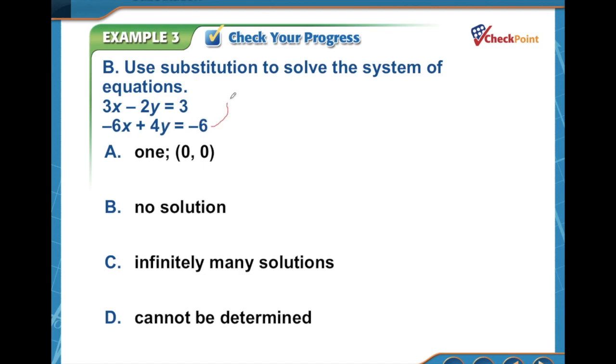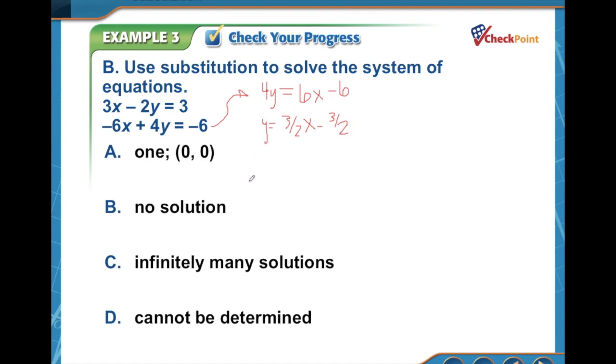So if I'm looking at this one and I add 6x to both sides, I know 4y equals 6x minus 6. If I divide everything by 4, y would equal 3 halves x minus 3 halves. That's just dividing everything by 4.